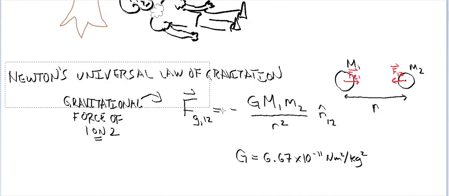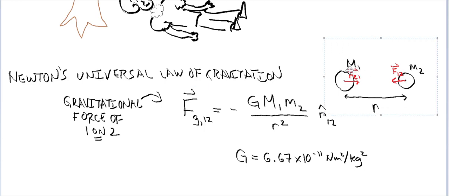So Newton's universal law of gravitation can be written as follows. F sub g of 1 on 2, so that's the subscripting that I use, the gravitational force of object 1 on object 2. Let's say that we have two objects, mass 1 and mass 2, separated by some center of mass separation distance r.